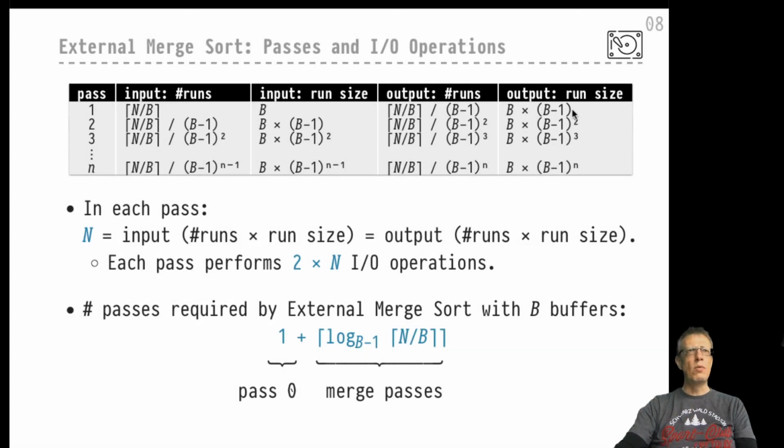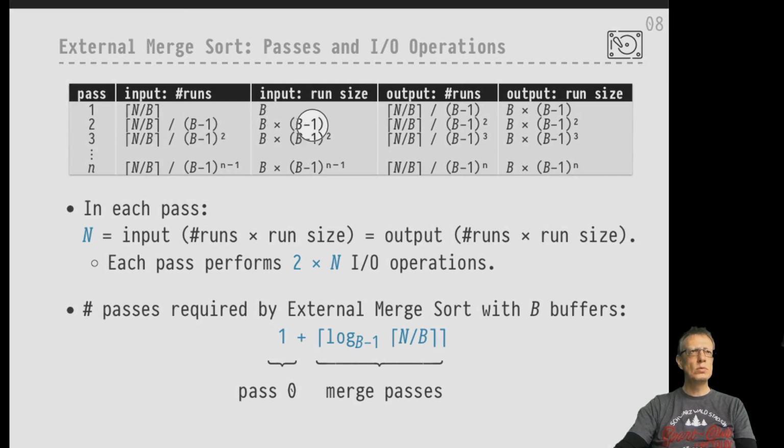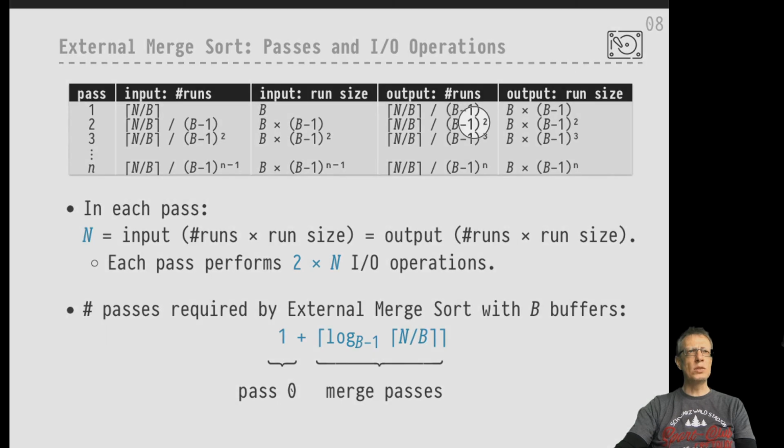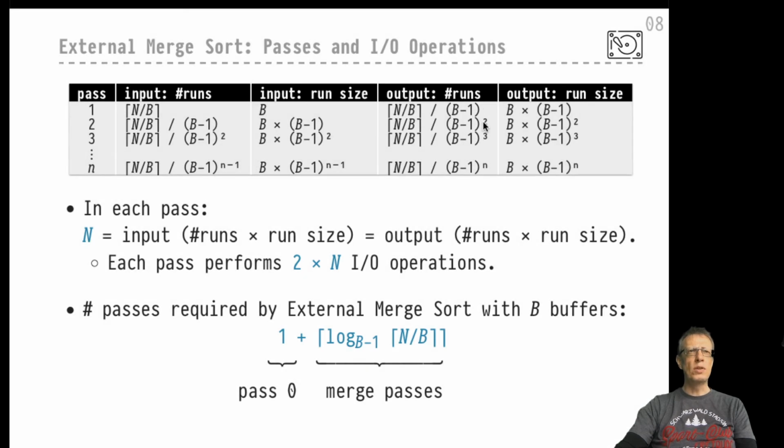Okay, this would be the output of the first pass. And of course, the output of the first pass is indeed the input of the second pass. And again, the number of runs will be divided by a factor of b minus 1. So that's what you see here. The run size, the run length, will increase by a factor of b minus 1.